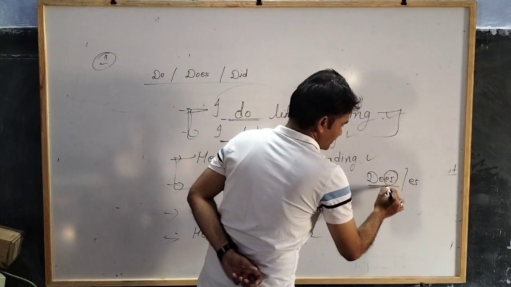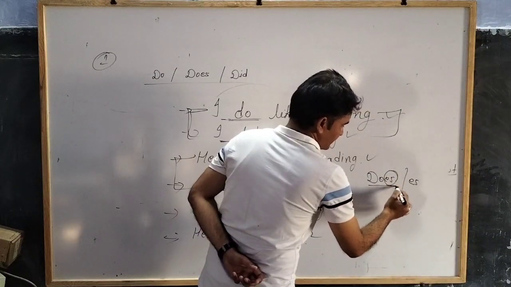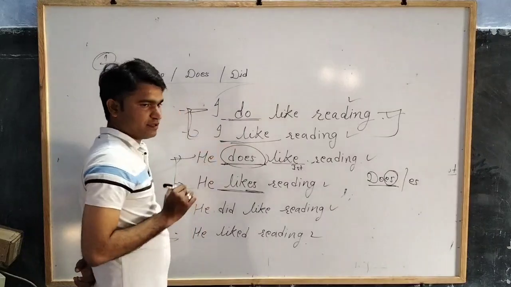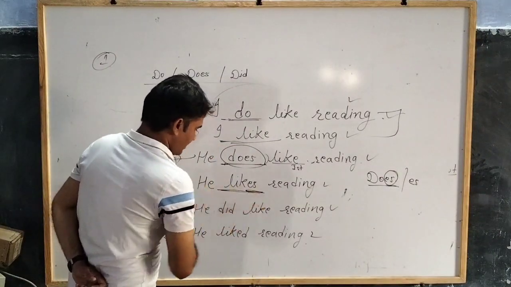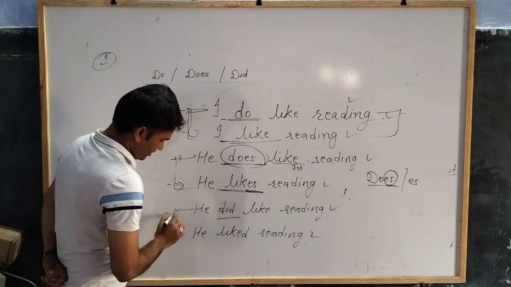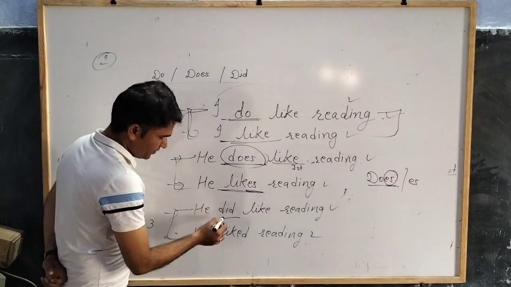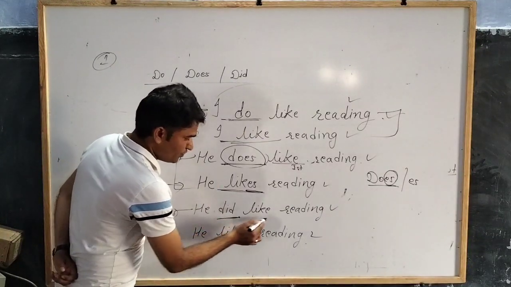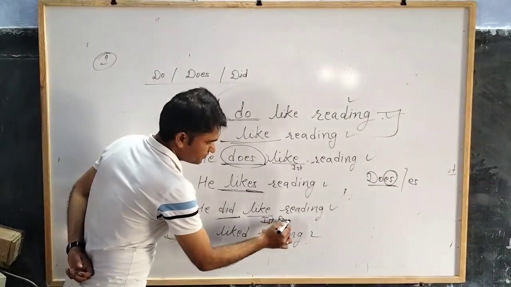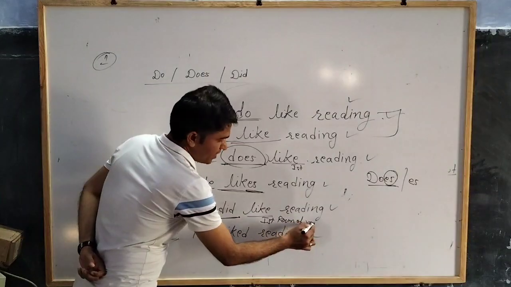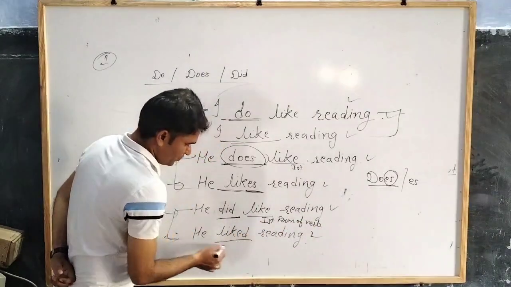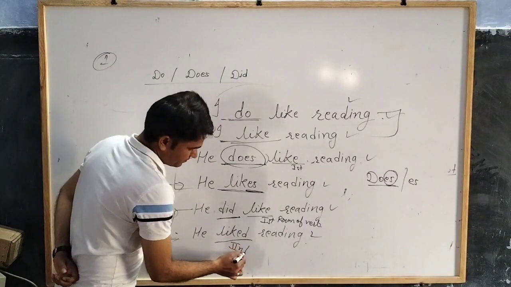Es belongs to does, meaning you will add these last two letters to the main verb. The same happens in the third pair. In the third pair, if you write did, then you will use the first form of the verb, and if you don't write did, then you will use the second form.